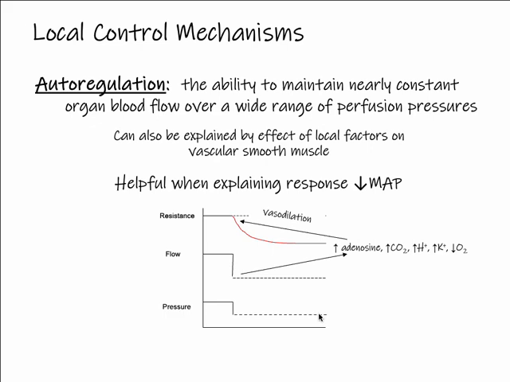So we have a reduced pressure, but now we have a reduced resistance, so we should expect to see an increase in blood flow. So this is an example of autoregulation explained by using local factors to show how even in the face of a drop of blood pressure, we still are able to keep our blood flow relatively stable.